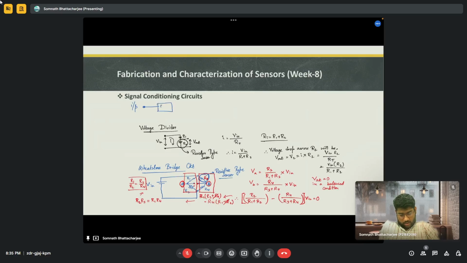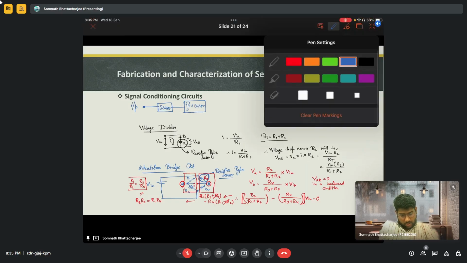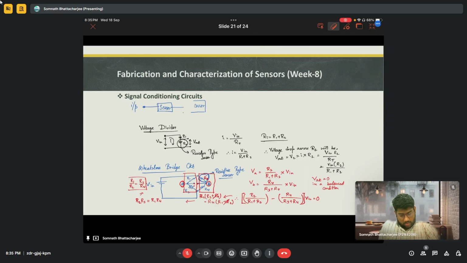You have this sensor and then you have this processor, or let's say you have an output device, like a screen, and you can get the output. So it should work, right? But the problem is that it won't work in real life.